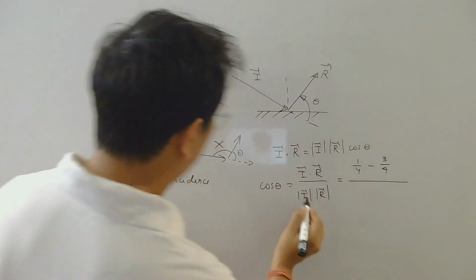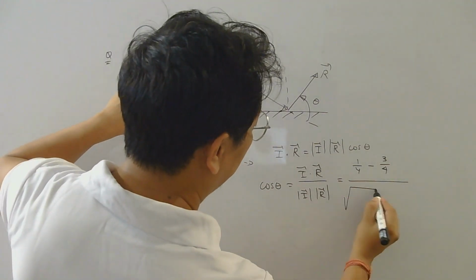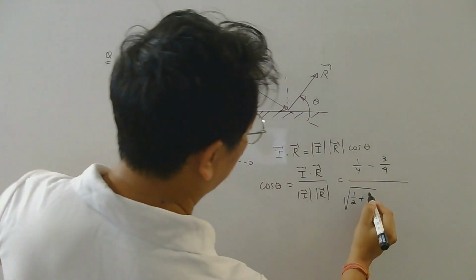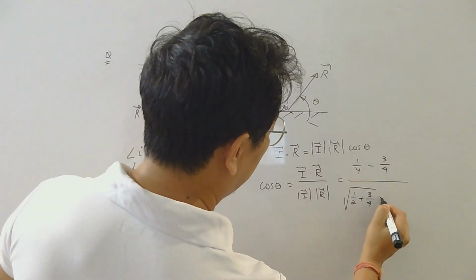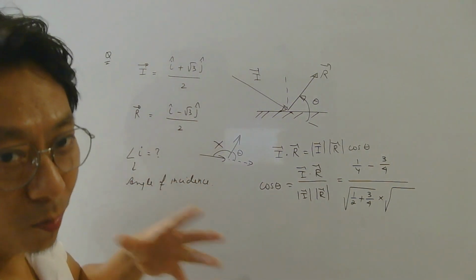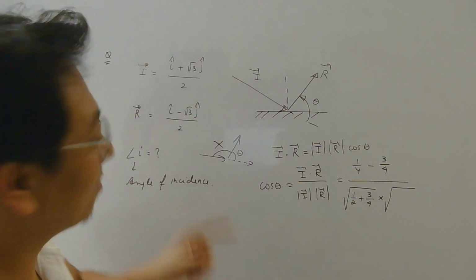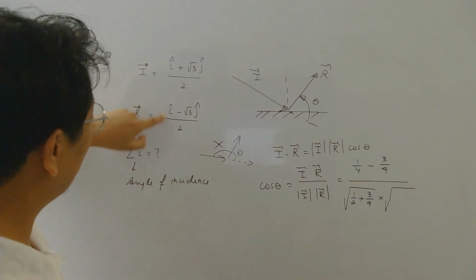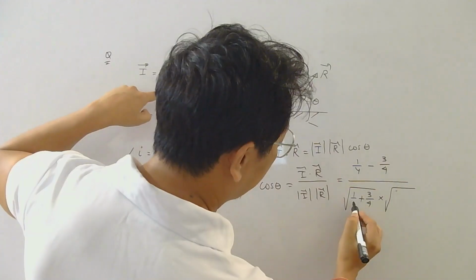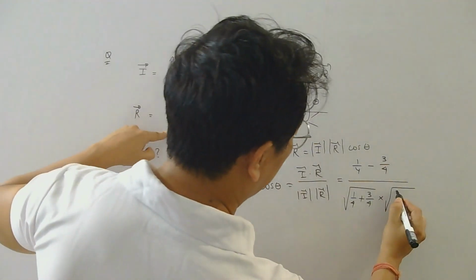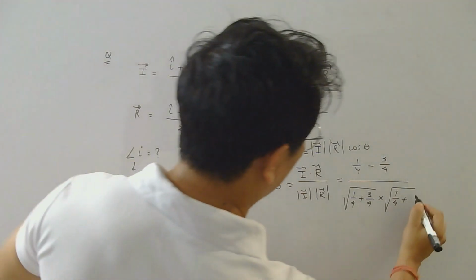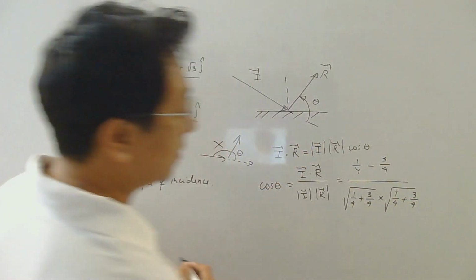Then I have to take the mod of the first vector, that will be under root half square plus root 3 by 2 square, which will be 3 by 4, into the mod of the second vector, which will be the same, because when you take the mod you have to square the components, right? So the minus doesn't matter. So half square will be 1 by 4, plus minus root 3 by 2 square will be 3 by 4, isn't it?